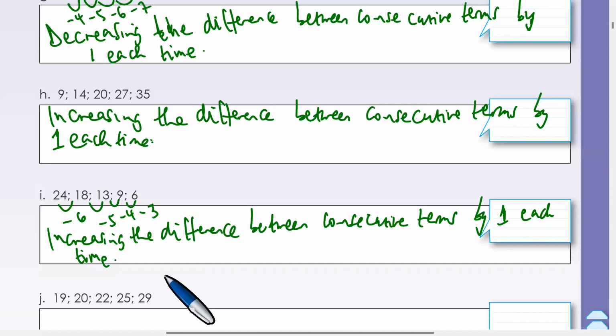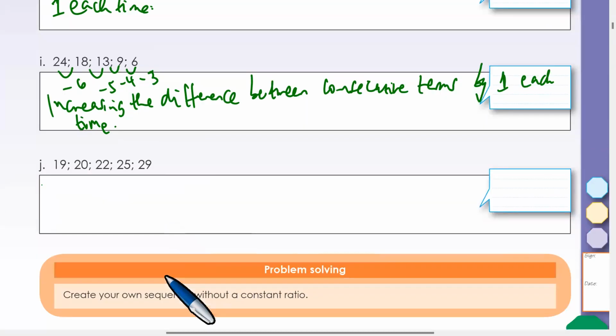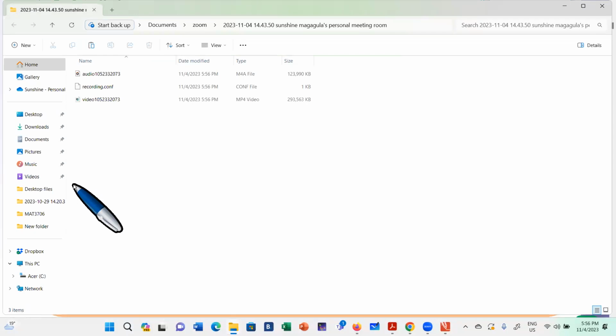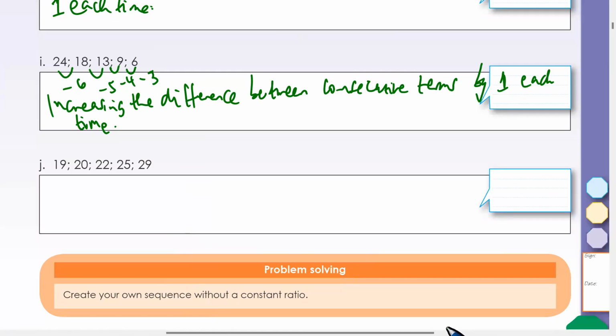Next. What is happening in J? So we are increasing the difference between consecutive terms by one each time. Okay, let's just check. What is the difference between 19 and 20?